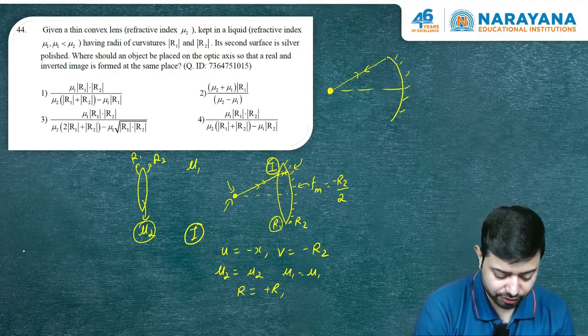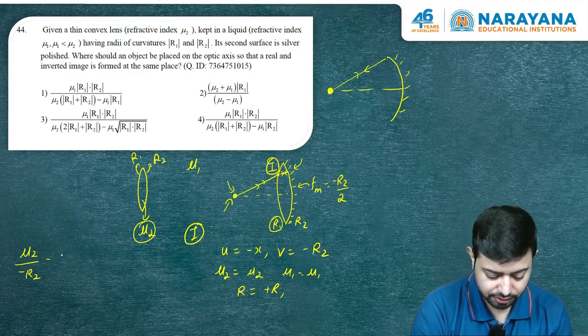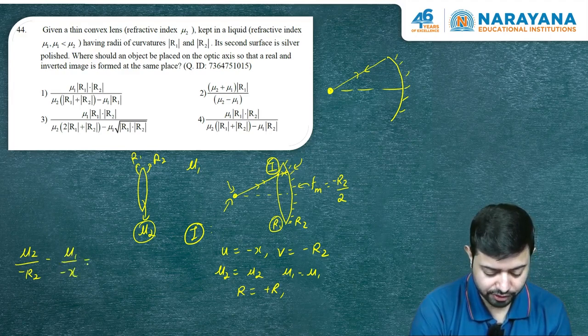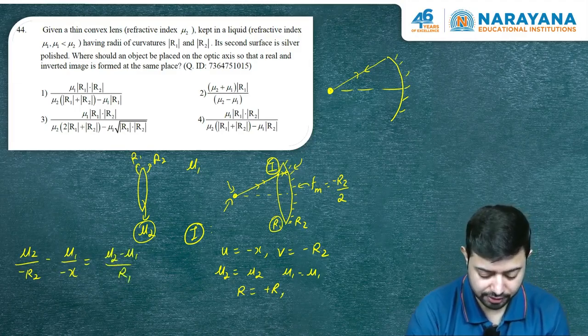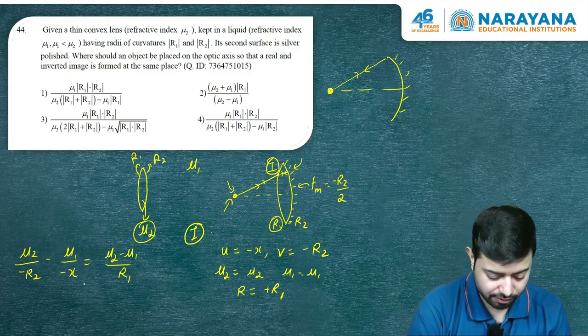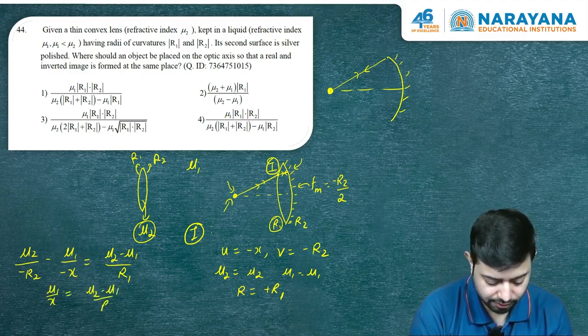Let us use the formula. So, mu 2 by v minus mu 1 by u is equal to mu 2 minus mu 1 by R, where R is R1. Now, let us solve it to find the value of x. So, this way we can say mu 1 by x is nothing but mu 2 minus mu 1 by R1 plus mu 2 by R2.